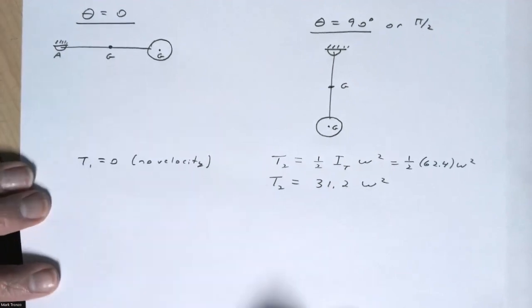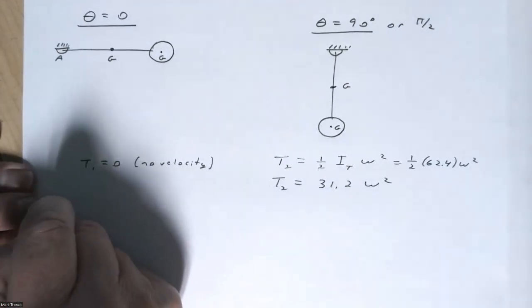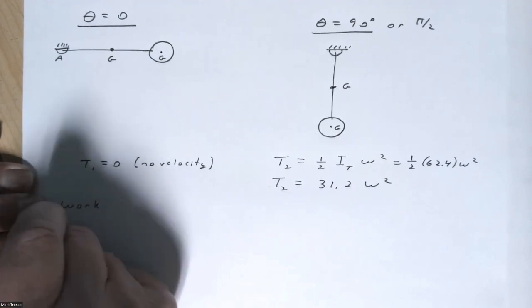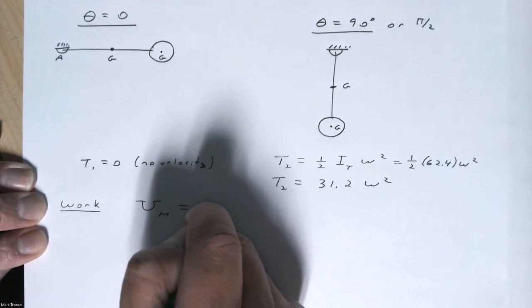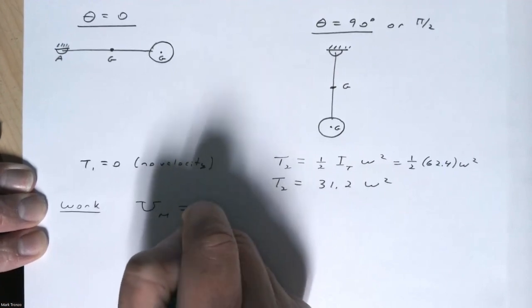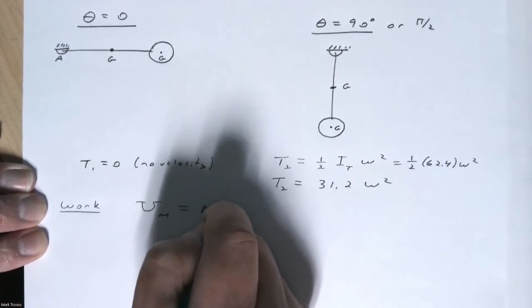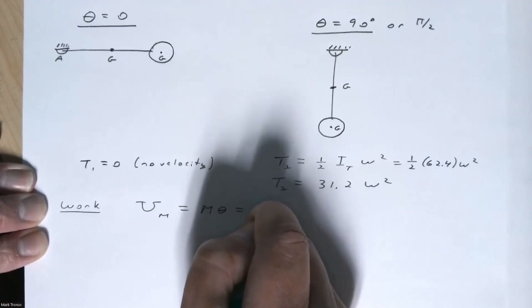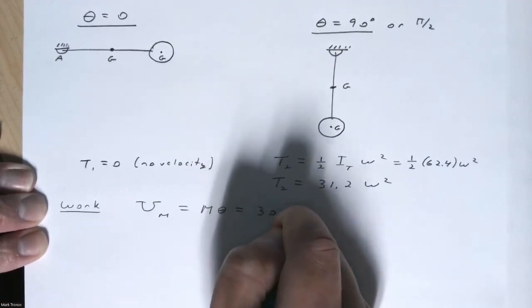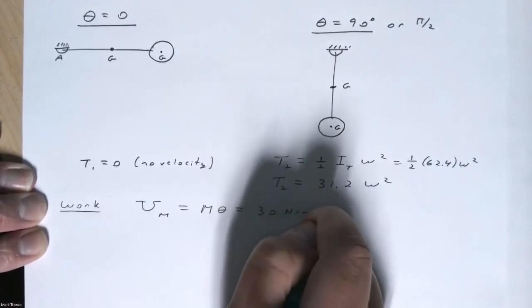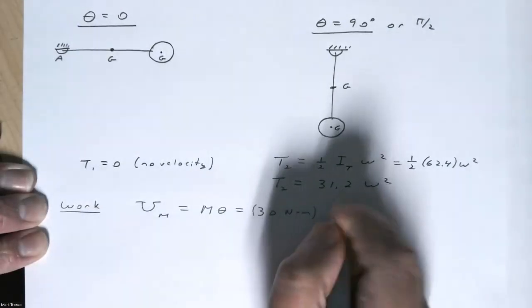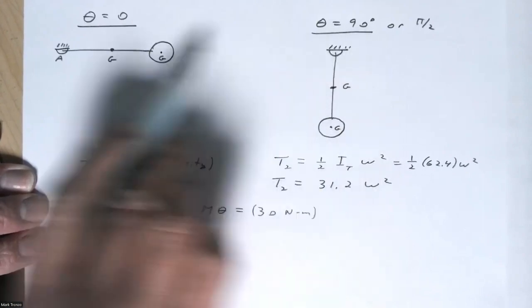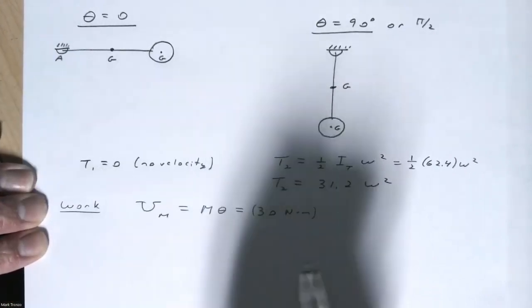So when we consider the work, the work of the moment is going to be, again, remember the moment times the angle, and that was 30 Newton meters times, again, it had moved pi over 2.